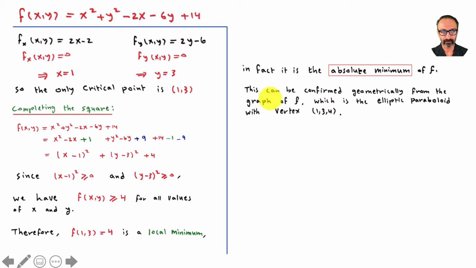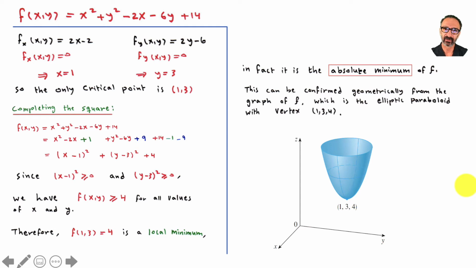So this can be confirmed geometrically from the graph of f, which is the elliptic paraboloid with vertex (1, 3, 4) that I mentioned earlier. It's good to see it and understand more about what's happening and why we have a critical point. Those are confirmation of what is going on right there.